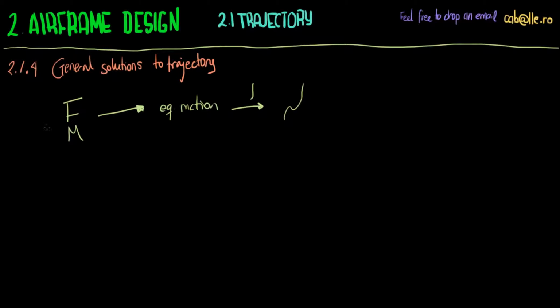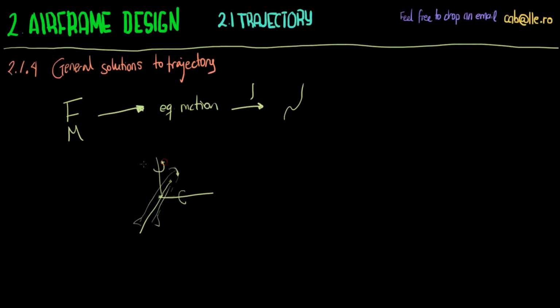Actually, solving the 6 equations means that your rocket is free to move in the 6 possible ways. So if you recall the axes of the rocket, imagine the rocket is here. The rocket is free to move in this axis, and this axis, and this axis, and it can also rotate about each of these axes.